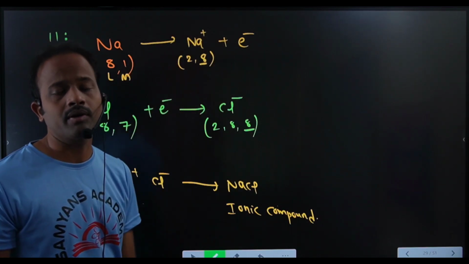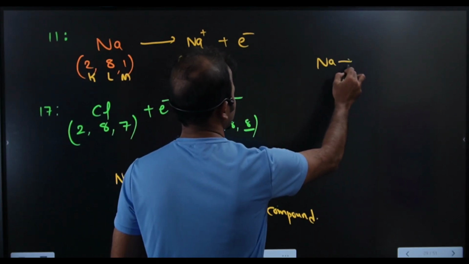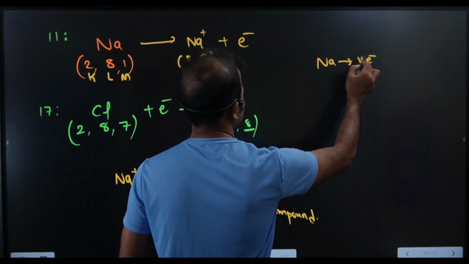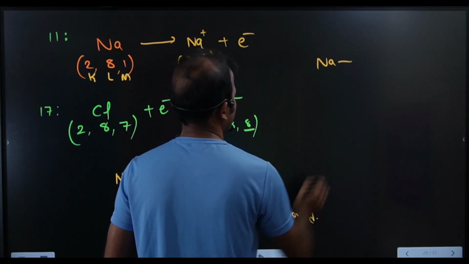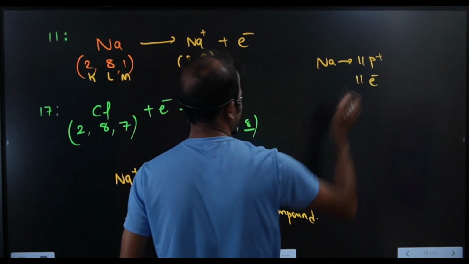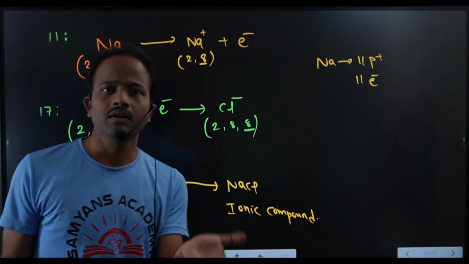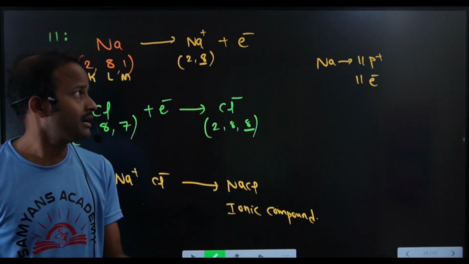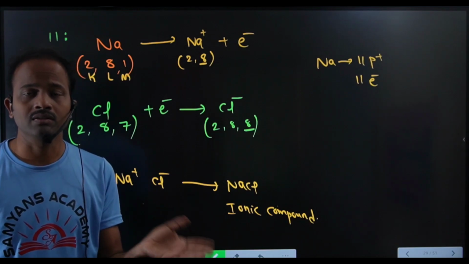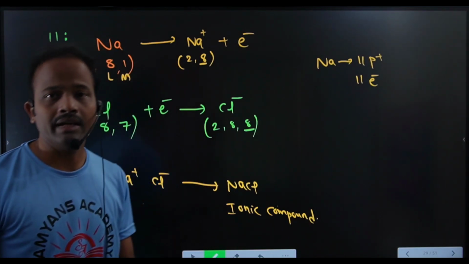Then how will it get the positive charge? Already you know that sodium has 11 electrons, right? So sodium has 11 protons and 11 electrons. Is it clear? Sodium's atomic number is 11, right? So it will have 11 electrons and 11 protons. Protons have the positive charge and electrons have the negative charge.